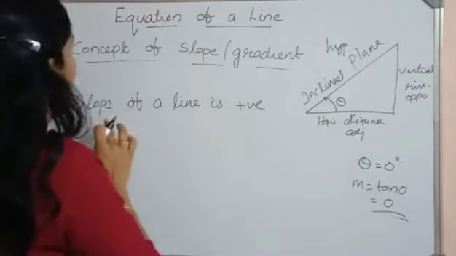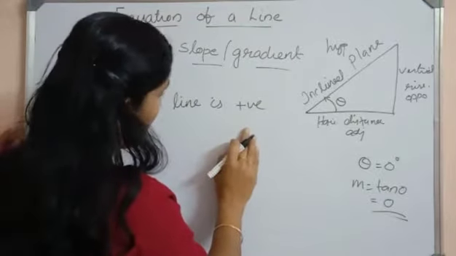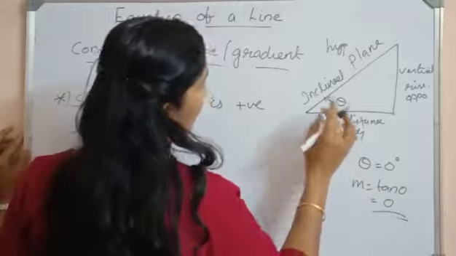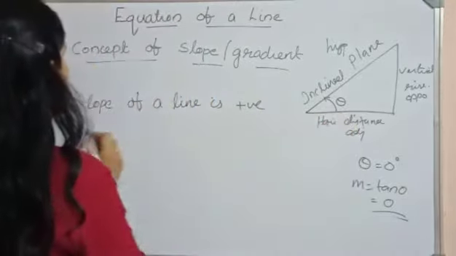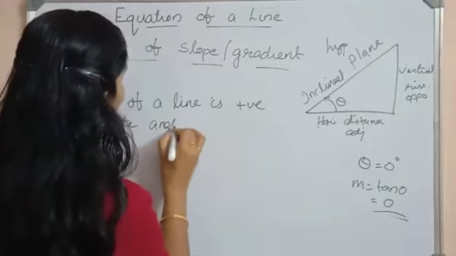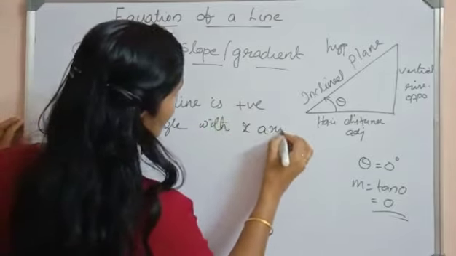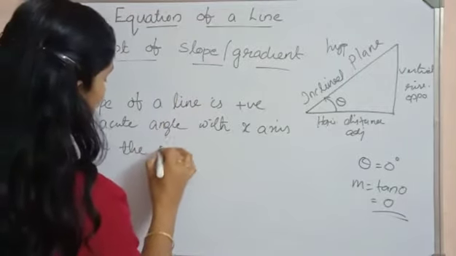And here, when you are finding the slope of a line, the slope will be positive only when the line makes an acute angle with the x-axis in the anti-clockwise direction. So it should be an acute angle with x-axis in the anti-clockwise direction.